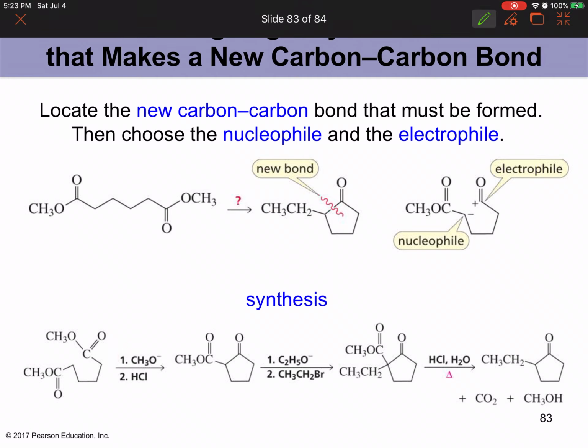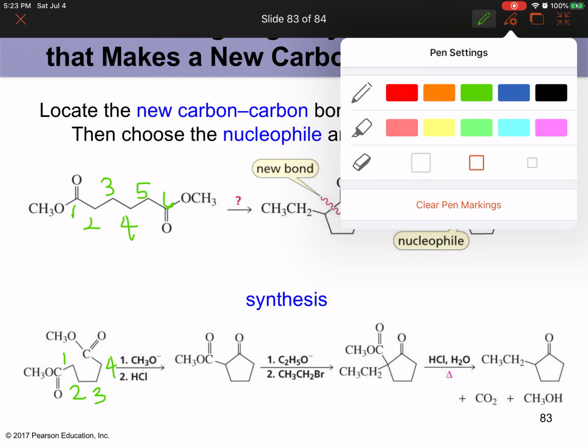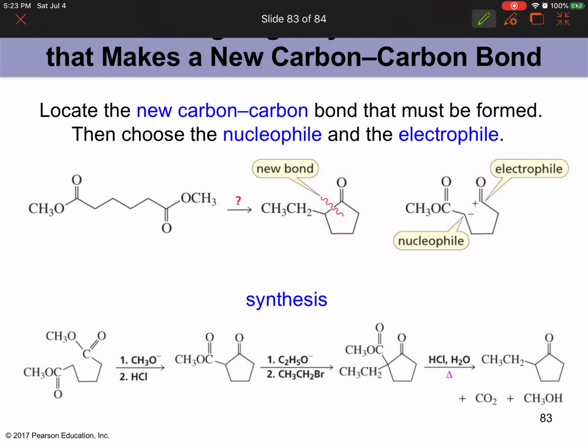So if you number them 1 2 3 4 5 6, I did not start the numbering correctly. If you consider this 1 2 3 4 5 6, it's the same molecule.